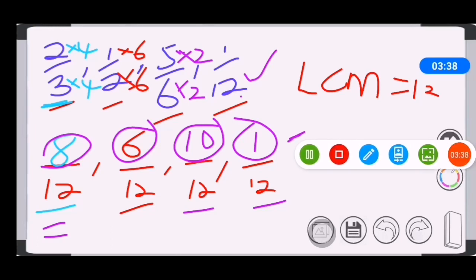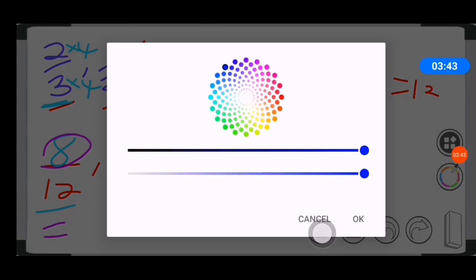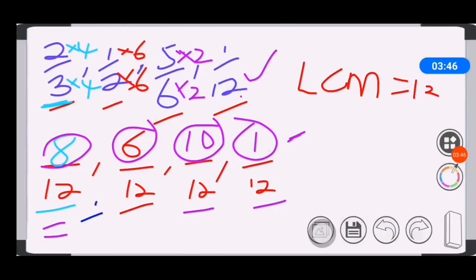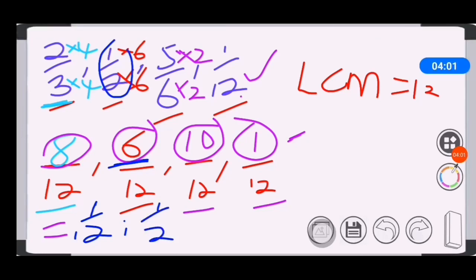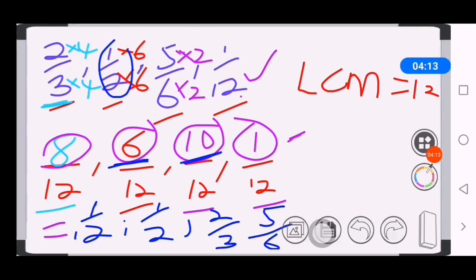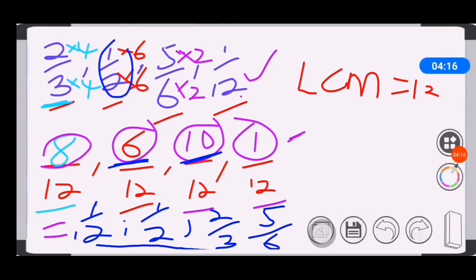So we write that fraction down as 1 over 12. Then we continue. What is the next smaller number on top? That is the 6. Which fraction corresponds to 6 over 12? It is 1 over 2. So we write that fraction down, 1 over 2. Next fraction is 8, which is 2 over 3. Next, the last one is 10, which is 5 over 6. So we have arranged the four in ascending order based on the numerators that we got here.